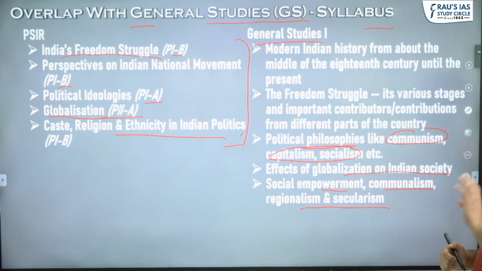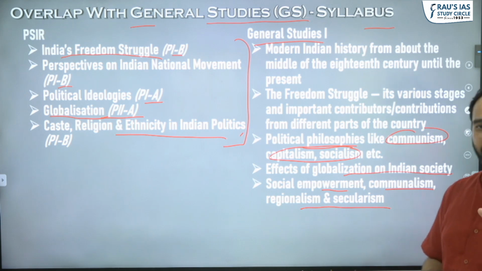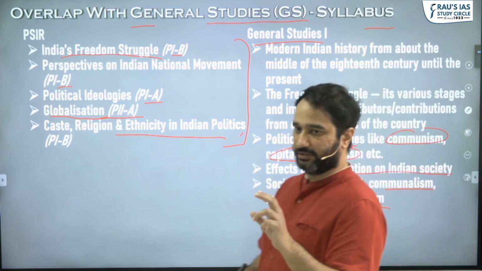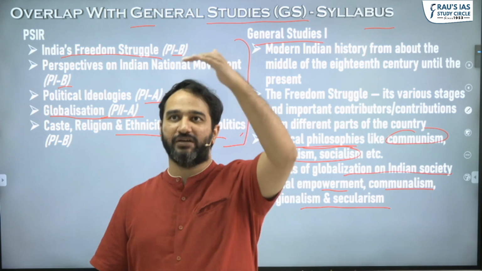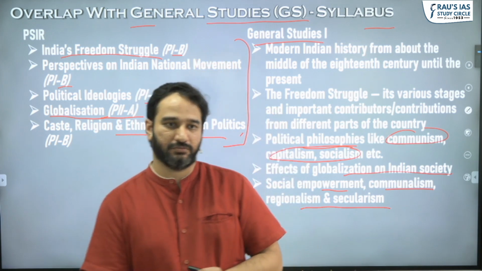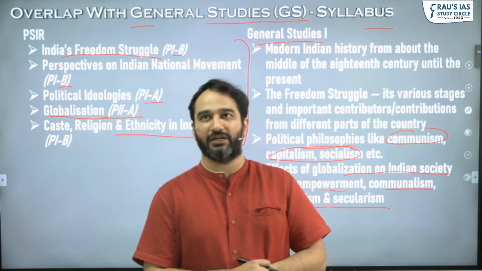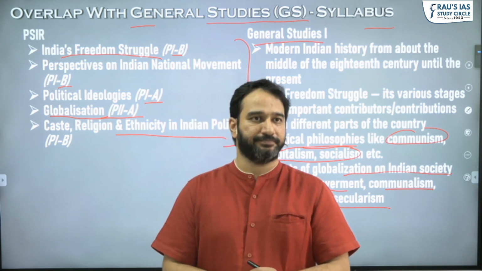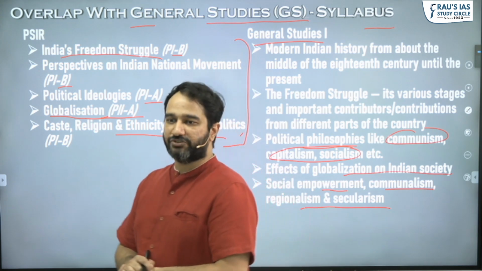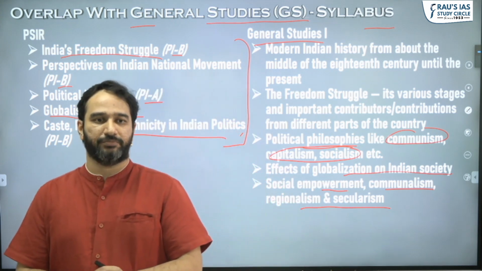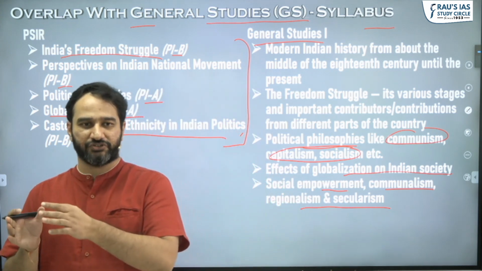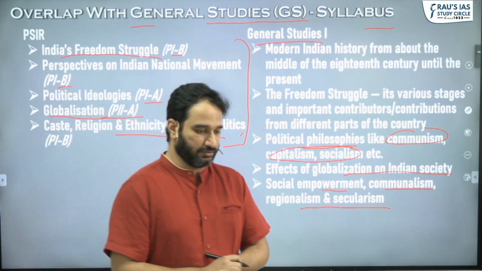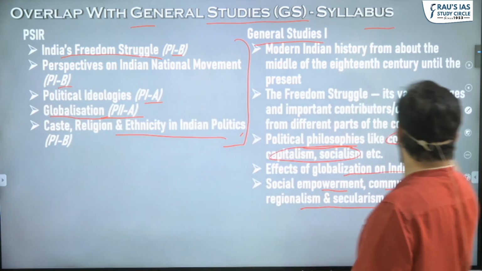Yes, within PSIR, what are the primary topics? Polity and IR. So those are one level ahead of GS itself. But everywhere else, what you're going to find is that there is a strong sync between GS papers and PSIR. Like when you're studying history within GS paper 1, which book do you refer to?